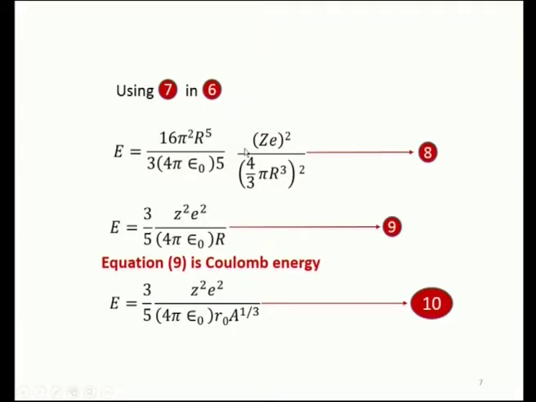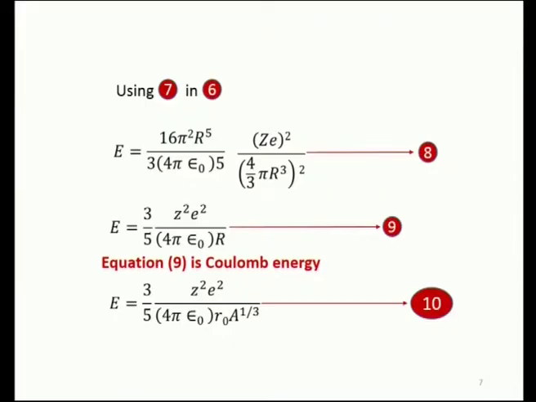Now we simplify, and certain things get cancelled, and finally we get 3 by 5 Z squared e squared by 4 pi epsilon 0 capital R. So the Coulomb energy is decided only by the atomic number Z and the nuclear radius R.